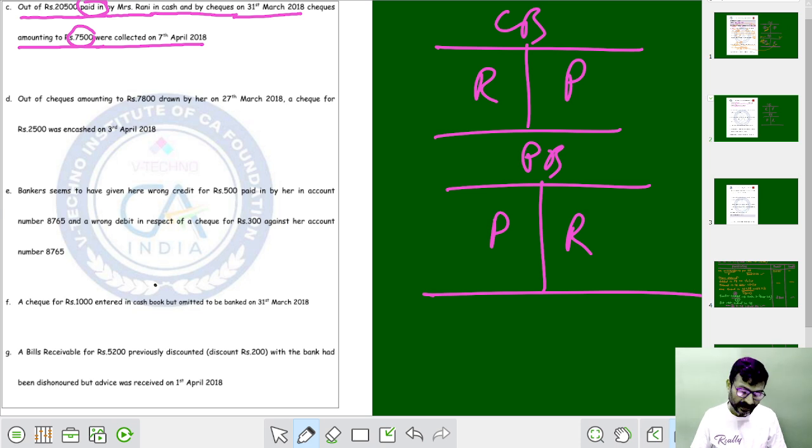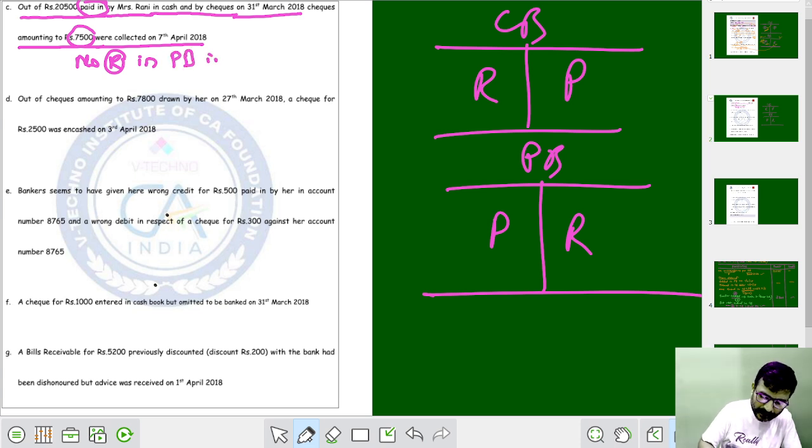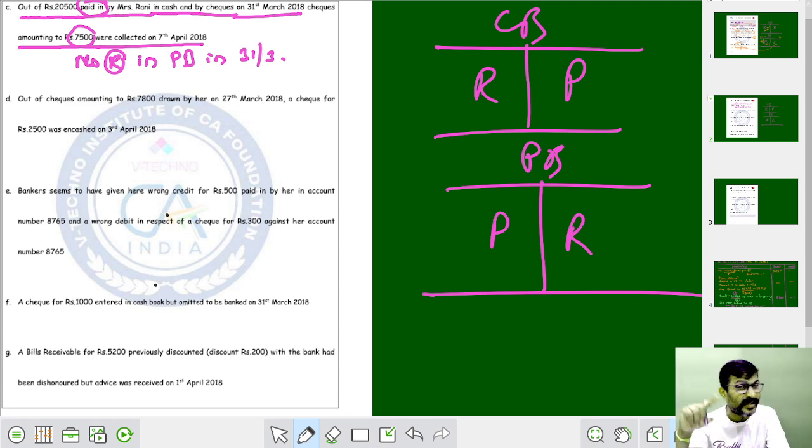It means what? 7,500 collected on 7th April means no receipt in passbook in 31st March for 7,500. What happened to the difference amount? Take 20,500 minus 7,500: 13,000 is collected in the month of March itself.